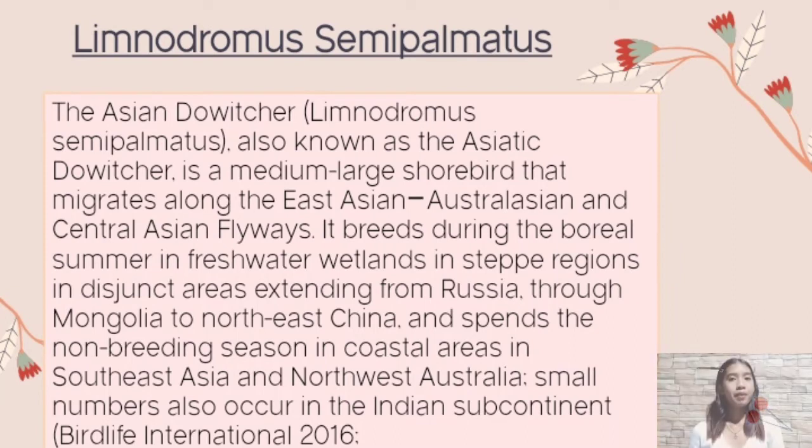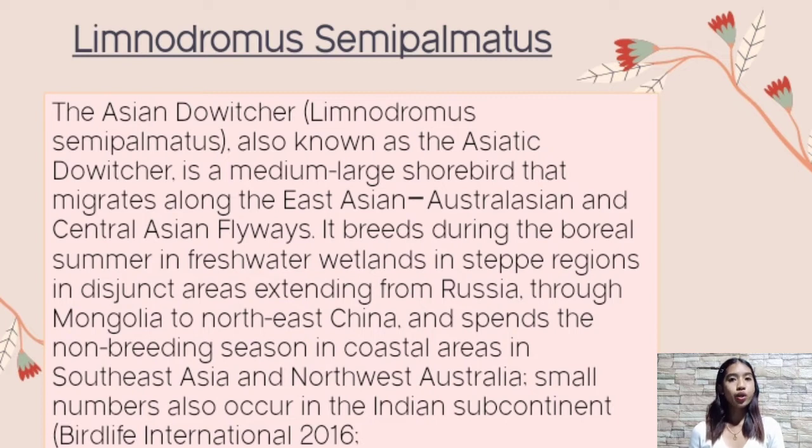Now, we have our representative species, the Asian Dowitcher. The Asian Dowitcher, or Limnodromus semipalmatus, is also known as the Asiatic Dowitcher. It is a medium-large shorebird that migrates along the East Asian, Australasian, and Central Asian flyways.